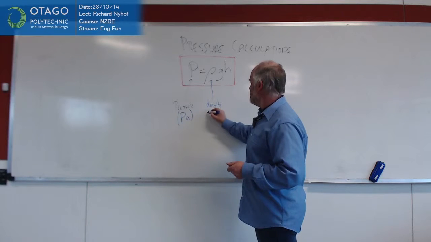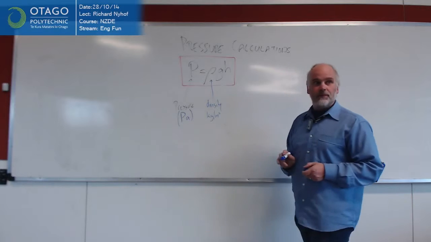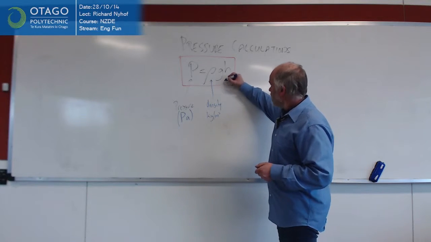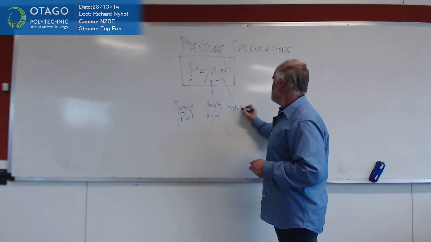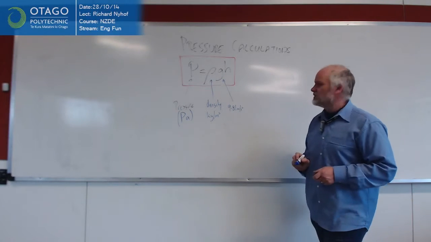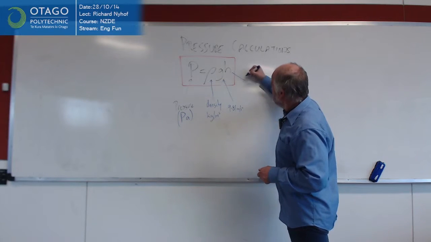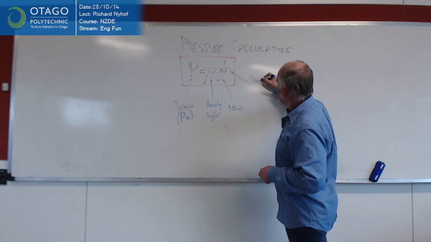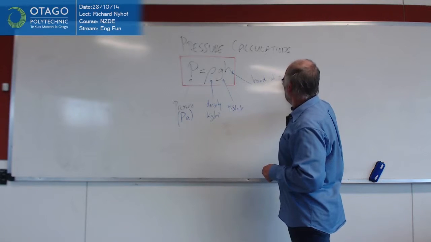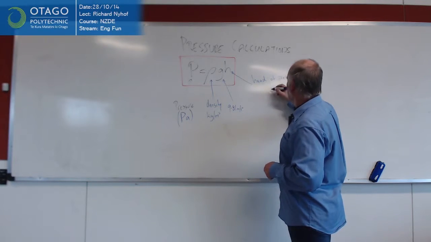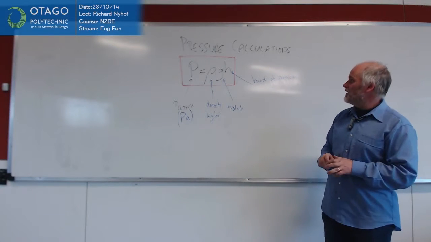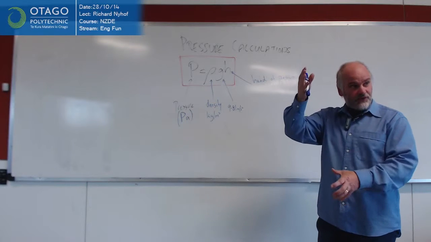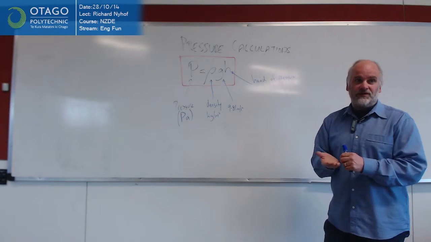Density is in kilograms per cubic metre. g is just the old 9.81 metres per second squared, acceleration. And h is what we call the head of pressure, and that's just going to be in metres. So a certain head of fluid is going to produce a pressure at the base of that head.